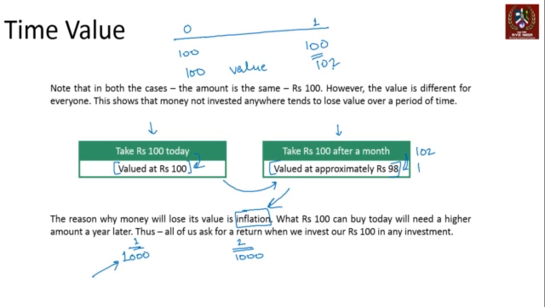So if someone says I can give you 100 today versus someone saying I can give you 102 after a month, these two now become indifferent. You can accept either because the guy who's paying you is compensating you for holding it for that 1 month, right? That's the concept of time value of money. Earlier the better. The farther you go in future, the bigger the amount you will ask for.